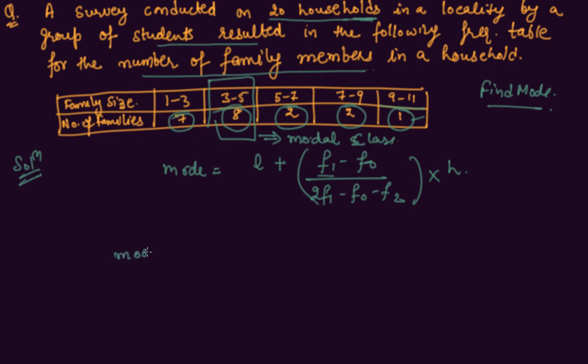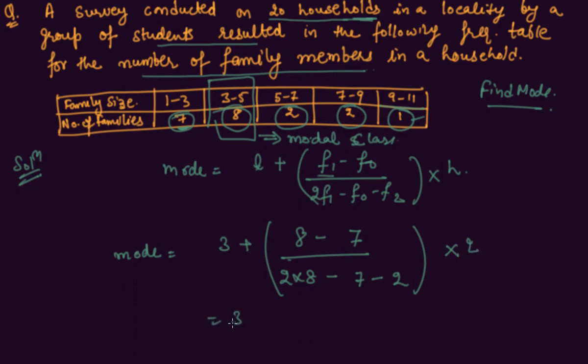Now to apply the formula: L is the lower limit of the modal class, which is 3. f1 is 8, minus the frequency of the class preceding the modal class, 7, upon 2 into 8 minus f0, which is 7, minus f2, which is 2, into class height 2.